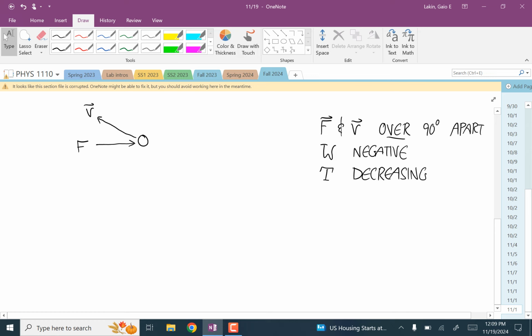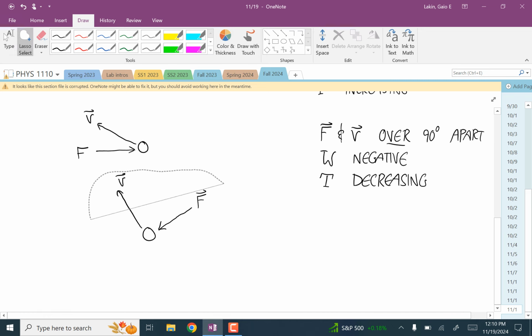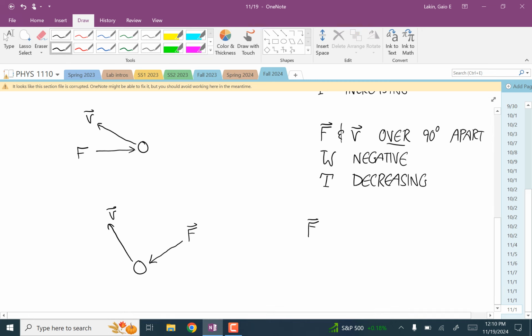Okay, and what about a case where the velocity is this way and the force is exactly perpendicular to it? So is that going to be increasing or decreasing the kinetic energy, or is it going to be no change? This is going to be no change, because the force and the velocity are perpendicular.